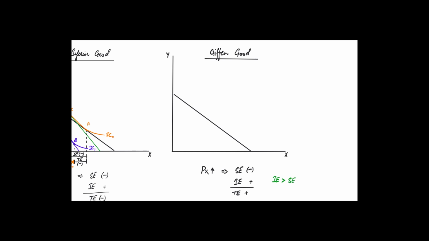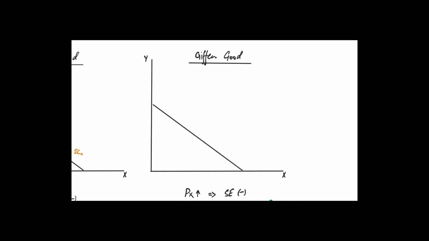Now, when I'm making a diagram for this, a few important points for the Giffen one. Number one, let's move our line this way. Okay, slight pivot. Not too much, just a little pivot.